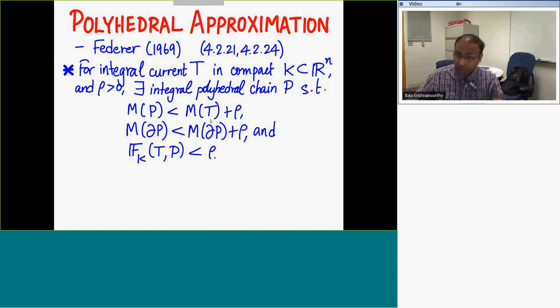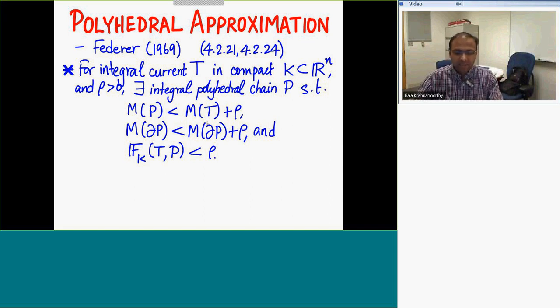So I approximate the input continuous current T by a polyhedral chain or polyhedral current P. It need not be simplicial. If you have a continuous curve, I am approximating it by a bunch of pieces of segments, for instance unit segments, but they're simplicial. So they could intersect in space as far as simplicial complexes are concerned.